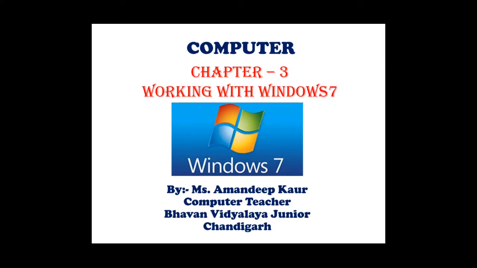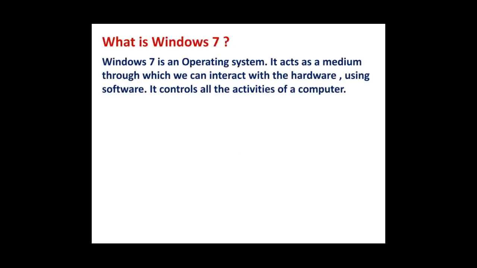Now first of all, what is Windows 7? Let's understand that first. Now Windows 7 is an operating system. It acts as a medium through which we can interact with the hardware using the software. So it controls all the activity of the computer. As earlier also I've explained, when we were doing the chapter softwares, that system software, that is an operating system, is required to run the computer, without which the computer cannot run, and Windows 7 is one of the examples of operating system.